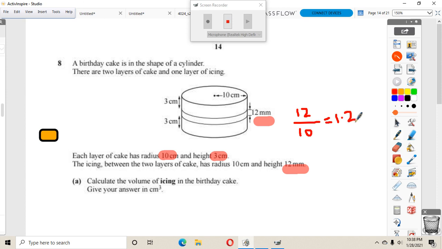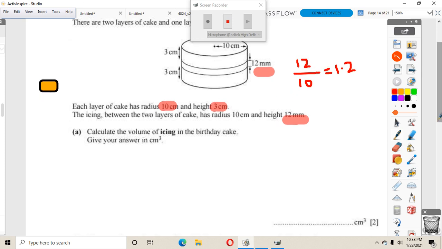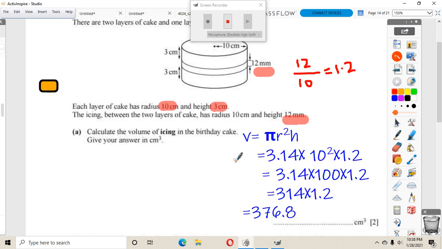Now, using the formula for the volume of the cylinder, pi r square h. Okay, pi r square h. We take the value of pi as 3.142, and the radius is 10 squared, and the height of the icing is 1.2 centimeters. When we calculate it, it gives us 376.8.